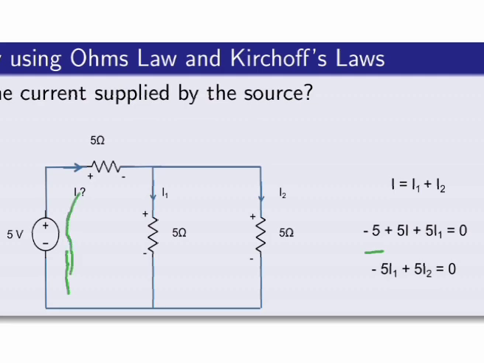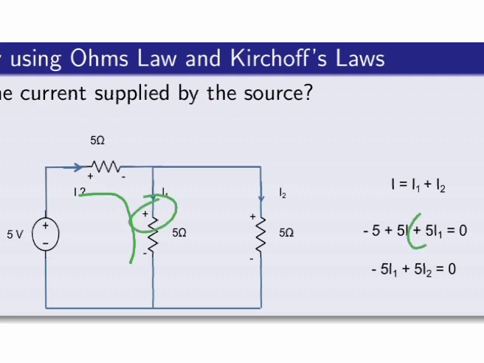Then when I reach the second element, the 5 ohm resistance, I first find the positive sign, so I write the plus sign here, and the voltage across that resistance is current into resistance, that is 5 into I. Again, when I reach the next resistance, I see the plus sign first.